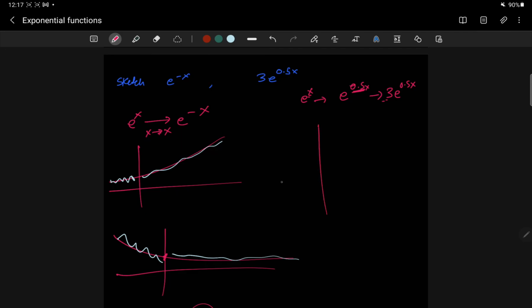So you can actually just draw this graph directly, and the only thing you're going to change is when x is 0, this is going to be 3 instead of 1. So you stretch it horizontally and you stretch it vertically. The horizontal stretch doesn't do much, but the vertical stretch increases the y-intercept to 0 comma 3 instead of 0 comma 1.